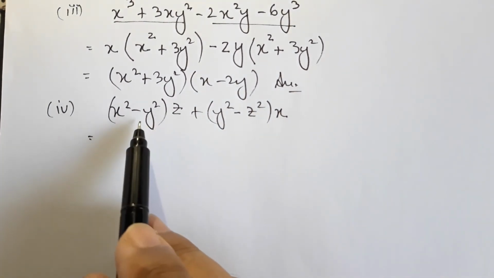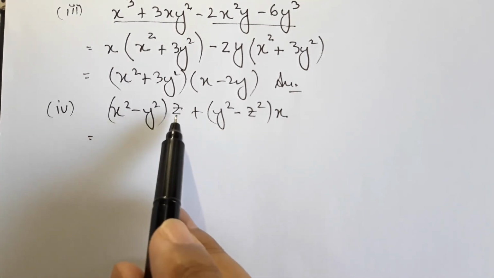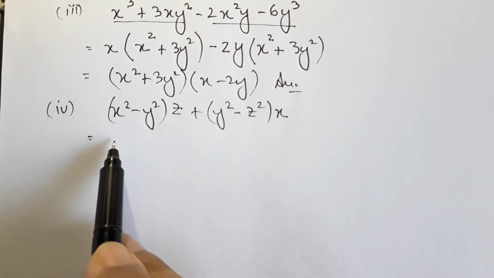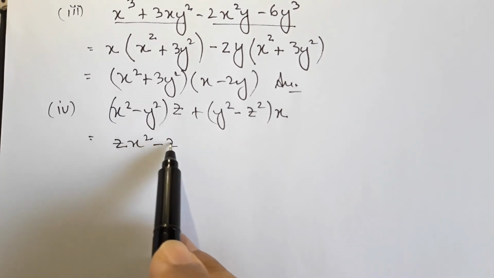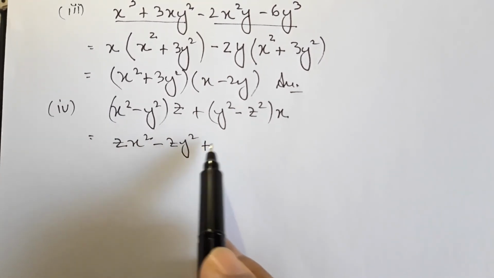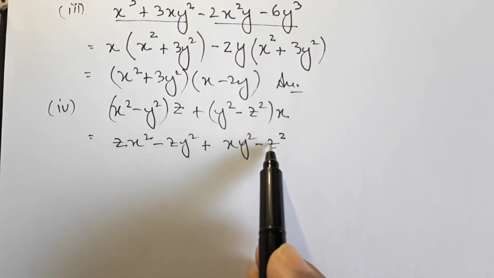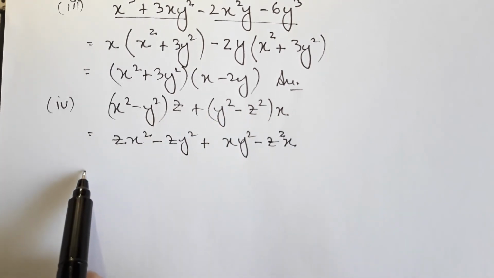There is nothing common among the two given expressions, so we have to multiply these outer values with the given brackets. So first is zx square minus zy square plus xy square minus z square x. We have multiplied the outer values.